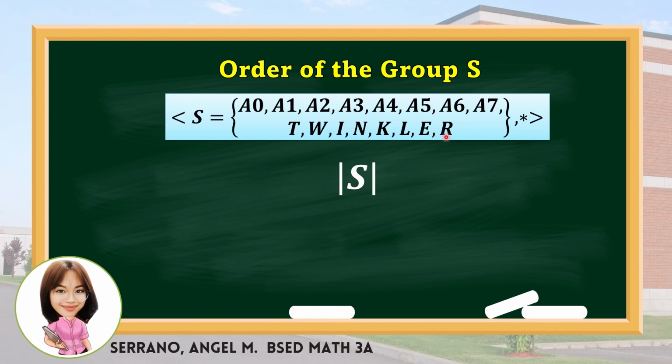So the group S under binary operation star is a group of order 16 since it contains a total of 16 elements.